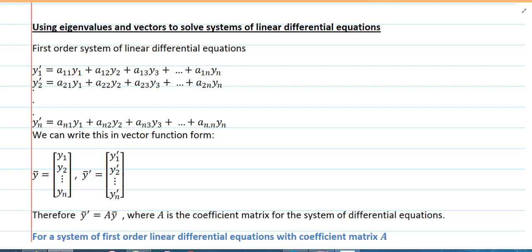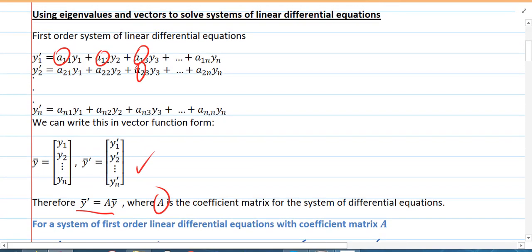Those are the functions. And y bar prime would just contain y1 prime, y2 prime, through y sub n prime. So we can write that as a matrix equation: y bar prime equals A y bar, where A is just the coefficient pieces from that system of linear differential equations.